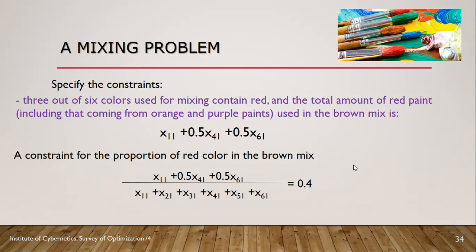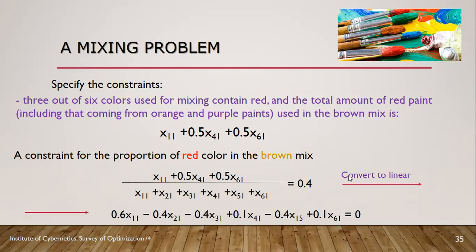And finally, this equation will be converted into a standard linear equation: 0.6 times x sub 1, 1 minus 0.4 times x sub 2, 1 minus 0.4 times x sub 3, 1 plus 0.1 times x sub 4, minus 0.4 x sub 1, 5 plus 0.1 times x sub 6, 1, and everything being equal to 0. So this is actually a standard linear equation.